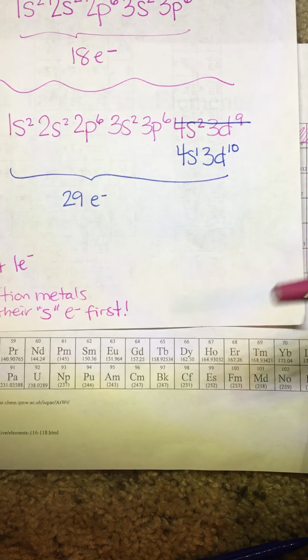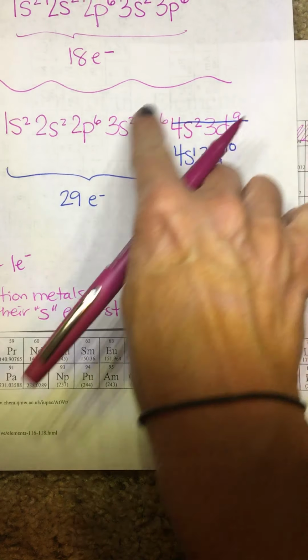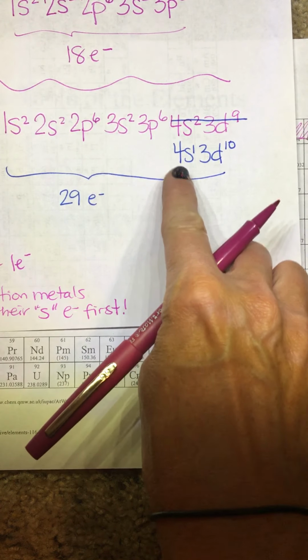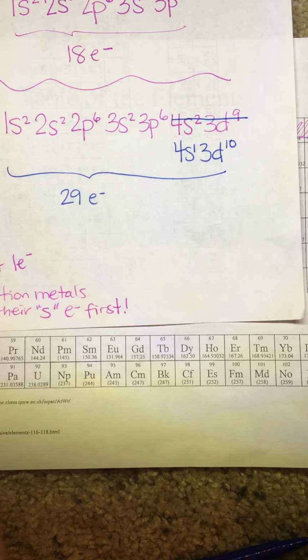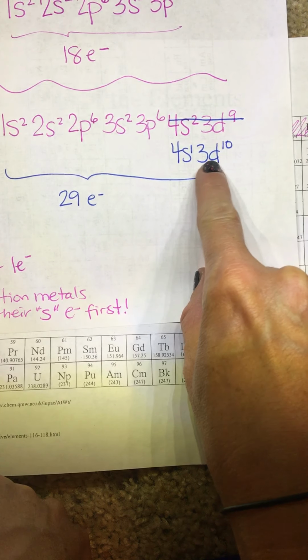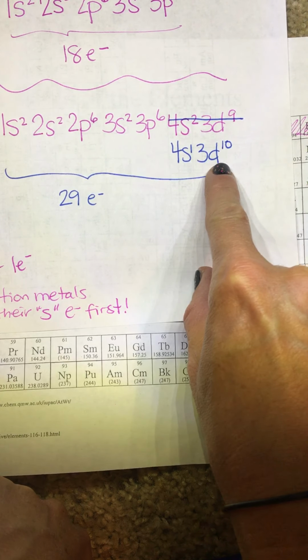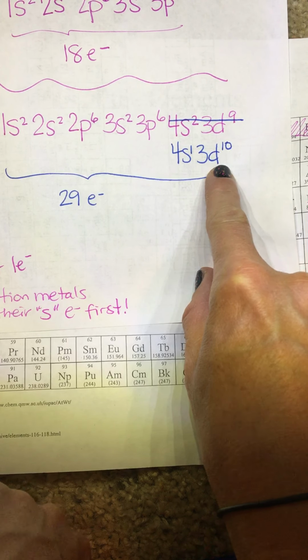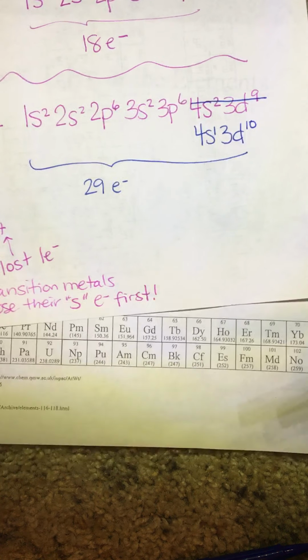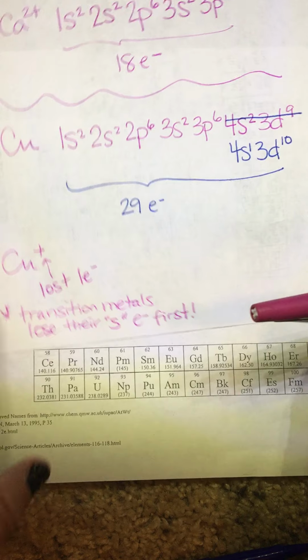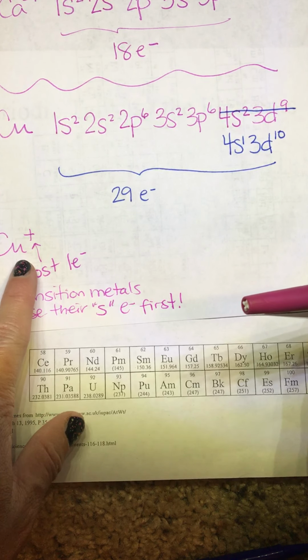Well, that needs to come from our outermost region. Level 4, that's outermost, and then this is completely filled here. We don't want to upset that balance. So this is where we're going to remove our 1 electron for the copper 1 ion.